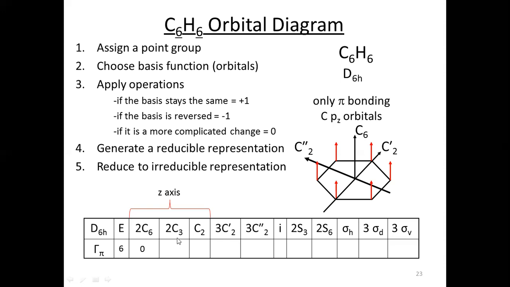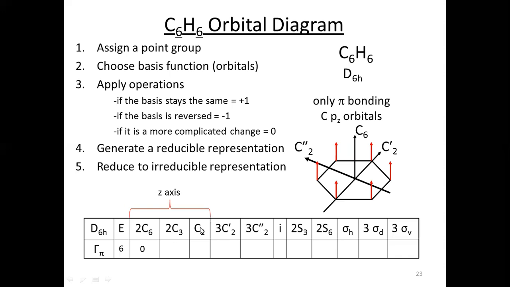Next is the C3 symmetry operation. And where is the C3? C3 is coexisting with the C6, because 60 degrees plus 60 degrees leads to 120 degrees, and that 120-degree angle is your C3.